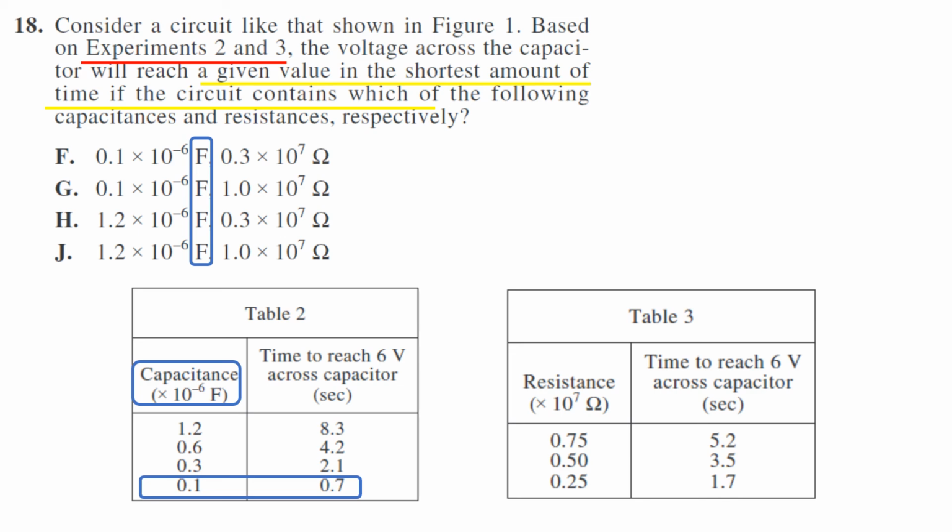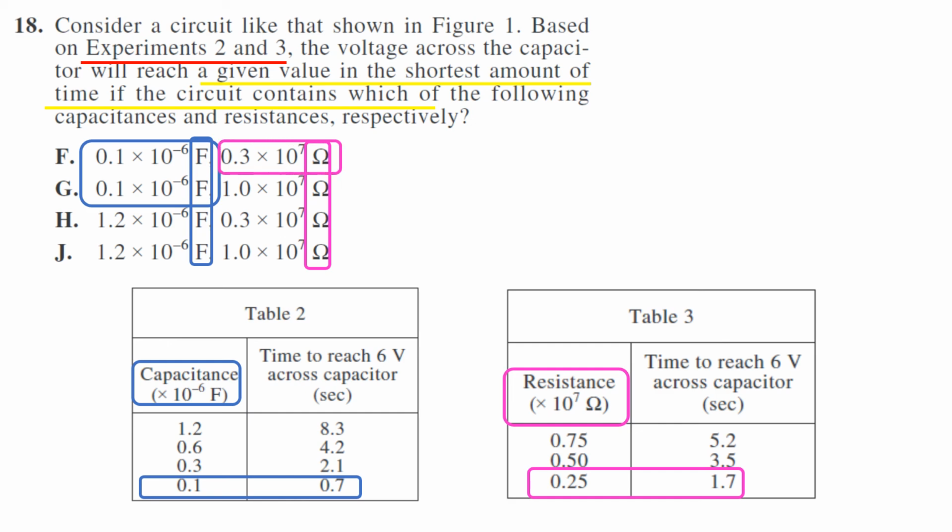That's at 0.1 times 10 to the negative 6, so that's going to be choice F or G. Then we look at the omega, or the resistance. Again, just find that symbol; you don't even have to know what it means. Our fastest, shortest time is 0.25. That's not one of our choices. We have 0.3 and 1. So you know 1 is going to be higher, 0.3 is less. So F is your choice.